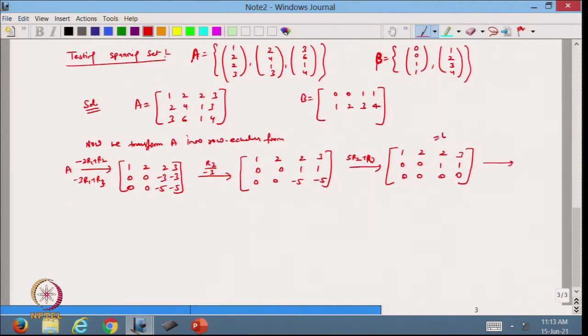This is equal to U, and now I will convert this into the reduced row echelon form. So, what I am going to do is take minus 2 R 2 plus R 1, adding here, and from here I will get 0 0 1 1, 0 0 0 0, and 1 2, and that becomes 0.